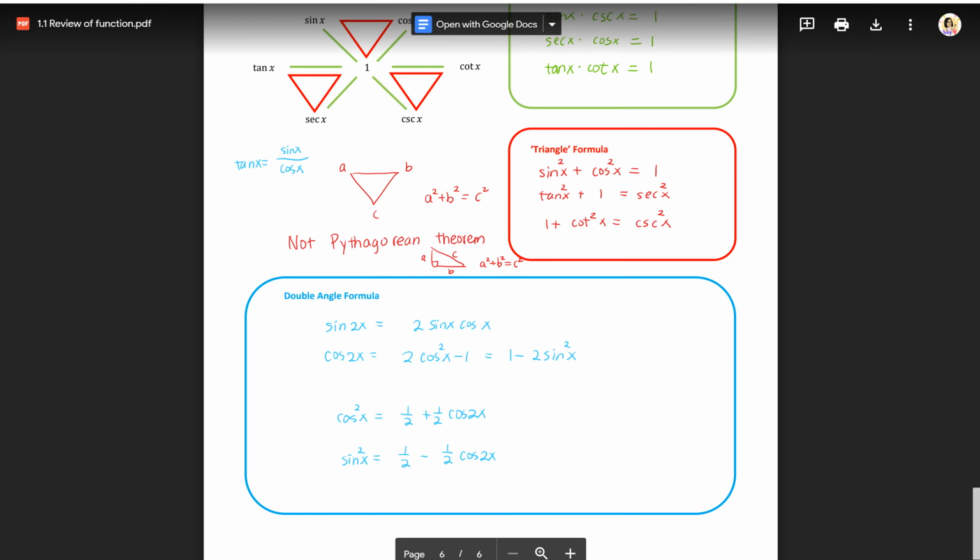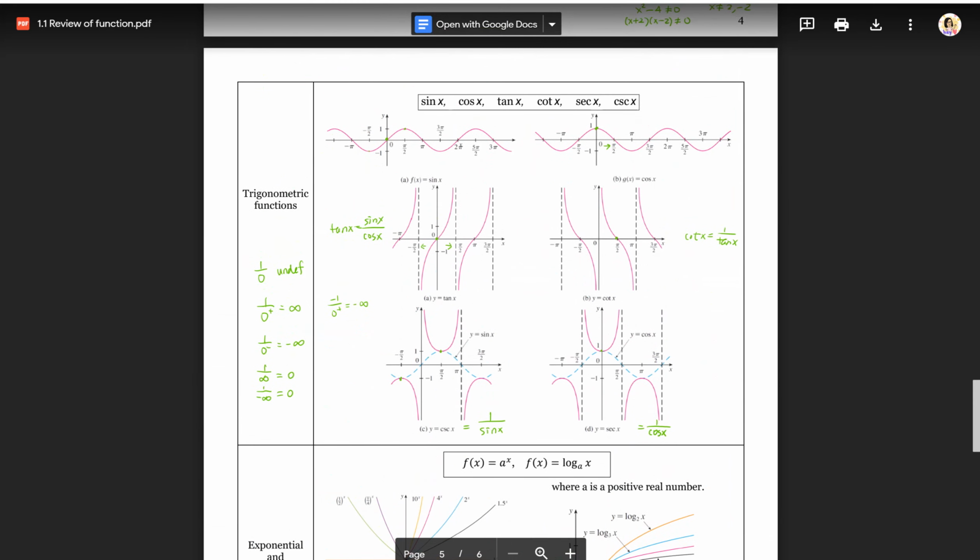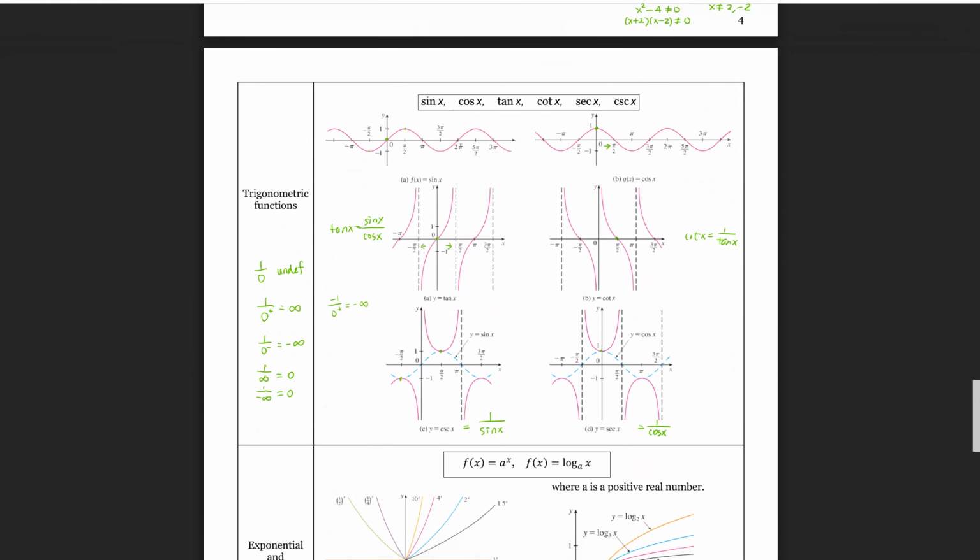You need to be familiar with the sine and cosine graphs, and all the rest you can deduce from them, because tangent is sine over cosine, cotangent is 1 over tangent, secant is 1 over cosine, cosecant is 1 over sine.